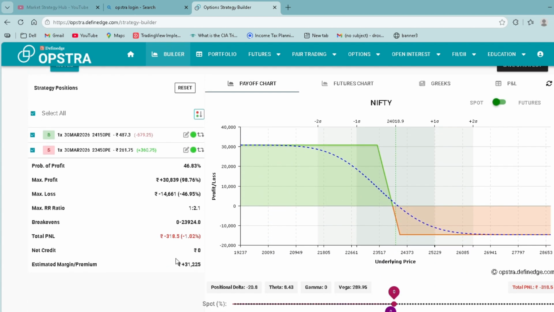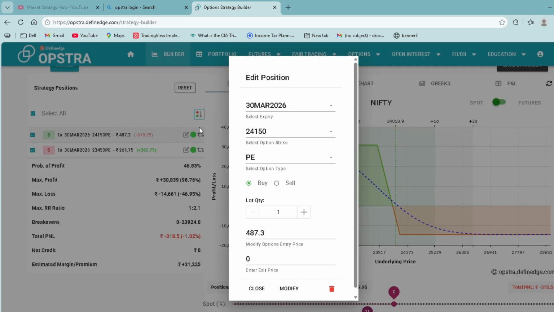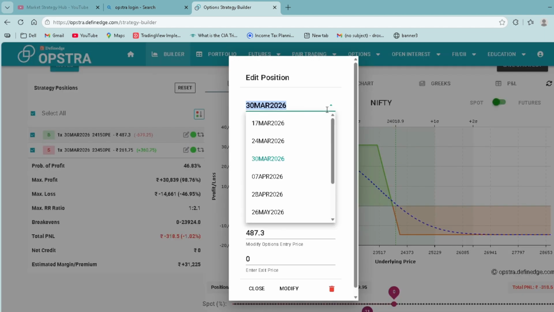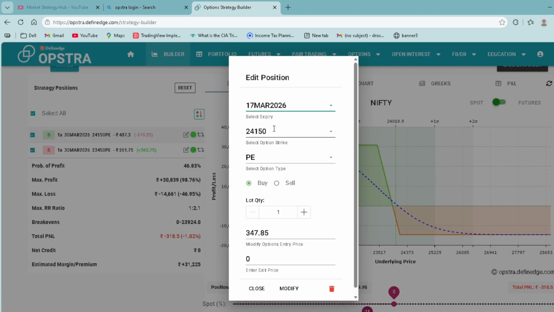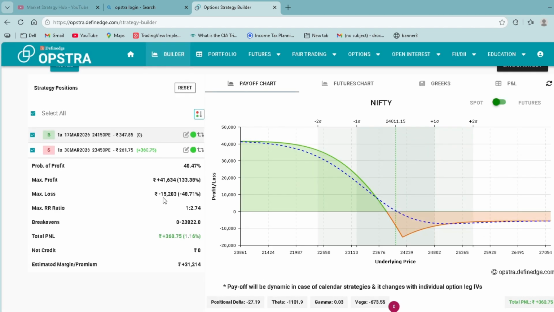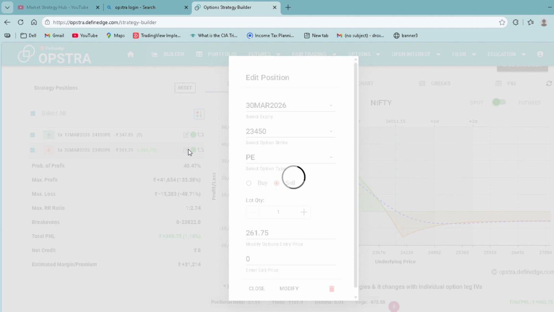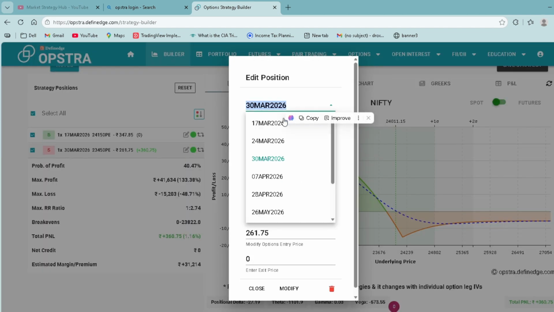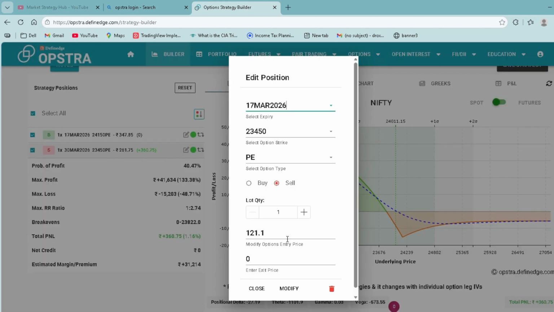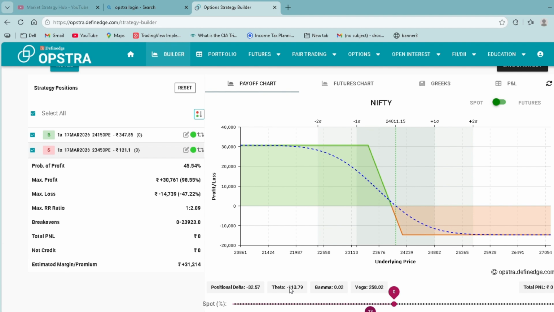Let me change the expiry date. Here is 30 March, so we choose 17 March. Let's choose 17 March. This is a strategy, 17 March.